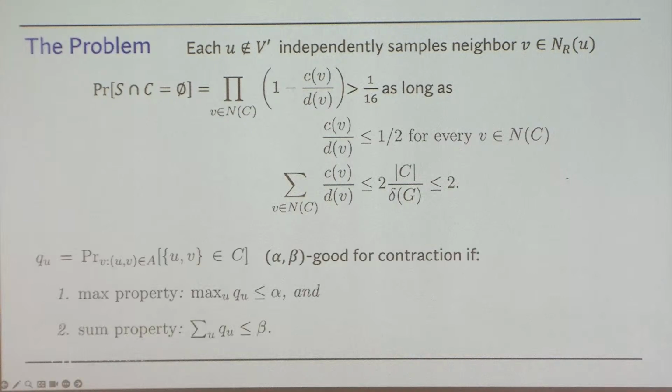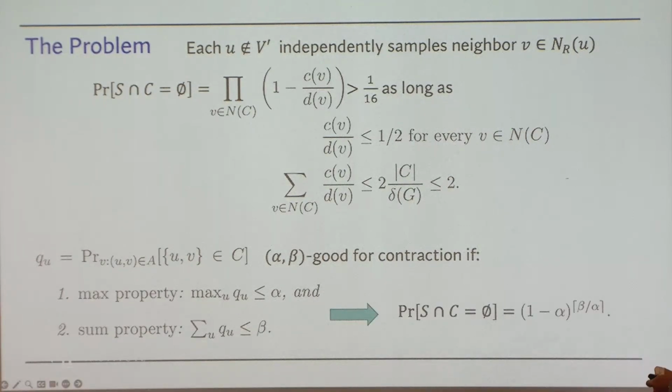Just at this point, recall this is the property we need for the min-cut algorithm to work. As long as we have these two constraints and we are working with this kind of optimization problem, we get a good probability that we will preserve all the min-cuts. This is something we also have to take care of. We do not want to cross the min-cut.